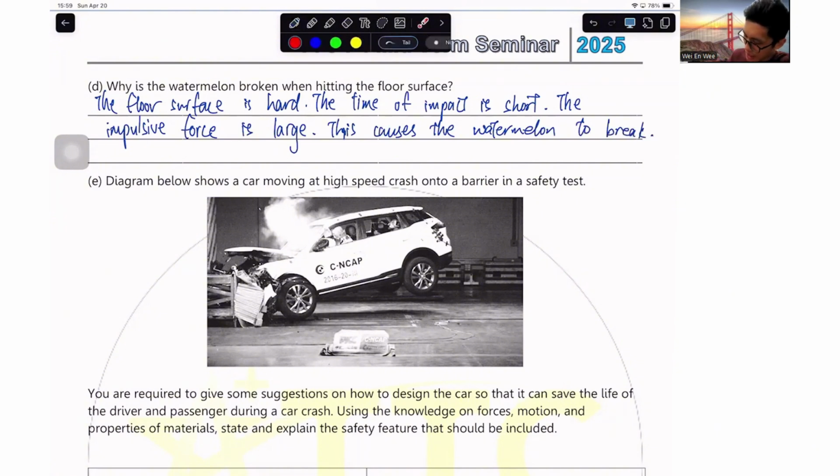Okay? But the key point is where? The key point is this one and this one. Okay? Time of impact short and the impulsive force is greater. Yeah?